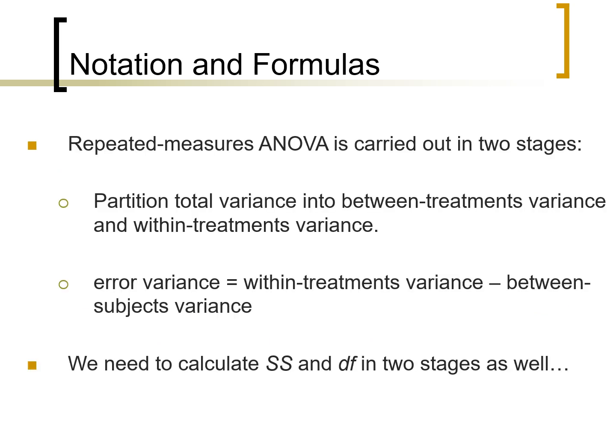So basically, we're carrying out the repeated measures ANOVA in 2 stages, the first of which is exactly like what we've done with the independent measures, but now we introduce what's known as error variance because we can subtract out from our within treatments variance this between subjects variance.